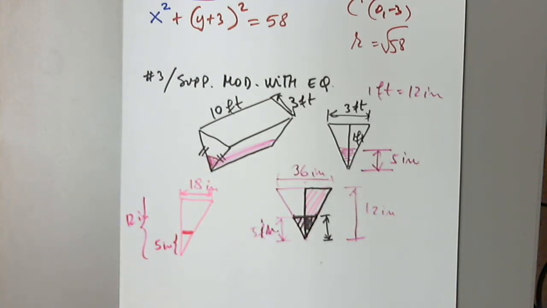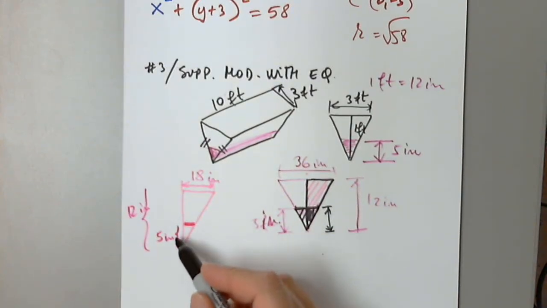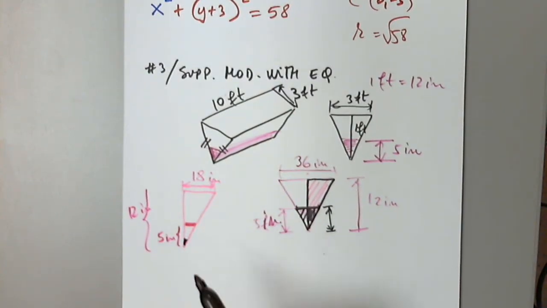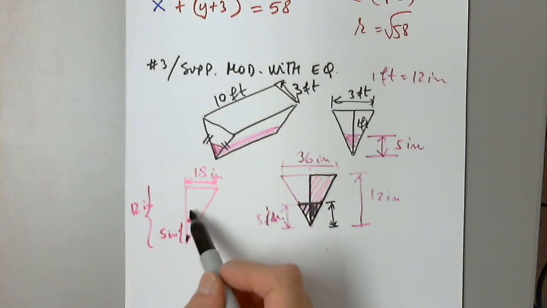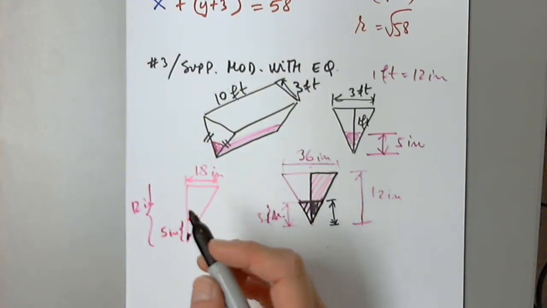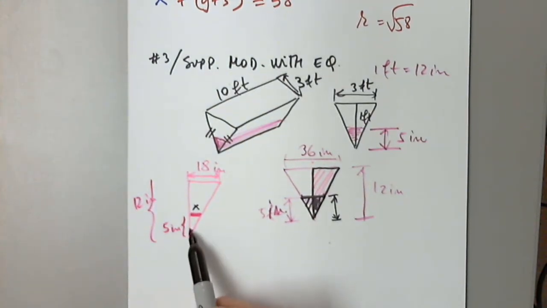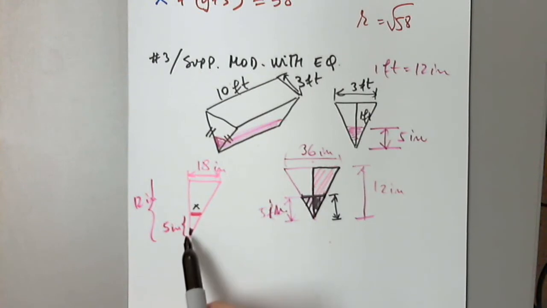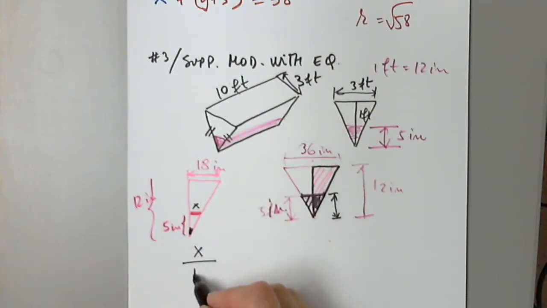Okay, so we start with the common angle. We're going to call this, how do you want to call it? It doesn't matter. X, Y, Z. Perfect. So the opposite side in the small triangle of the common angle, what do I write? X over 18. Excellent.